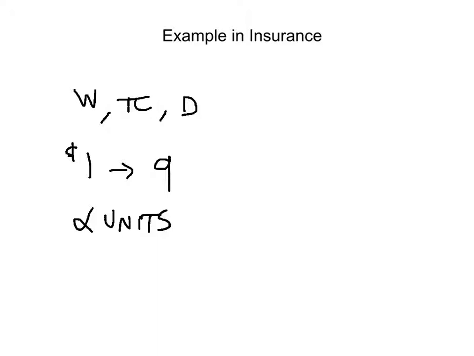So let's consider what would be the wealth of the individual after purchasing the insurance. Let's first consider a situation where there's no loss. Well, it would be your wealth less how much you choose to insure times the cost of insurance.